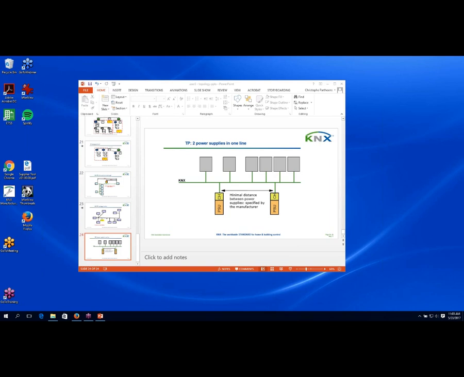Well, in that case, I recommend you try to get it in some way, or, in the worst case, use the so-called reconstruction app. In that way you can reconstruct the ETS project. It's actually reverse engineering what you will do there. In that case, I'm kind of confused.